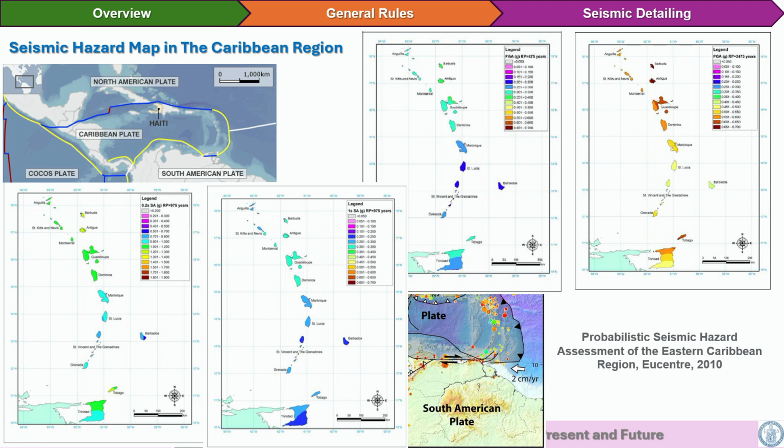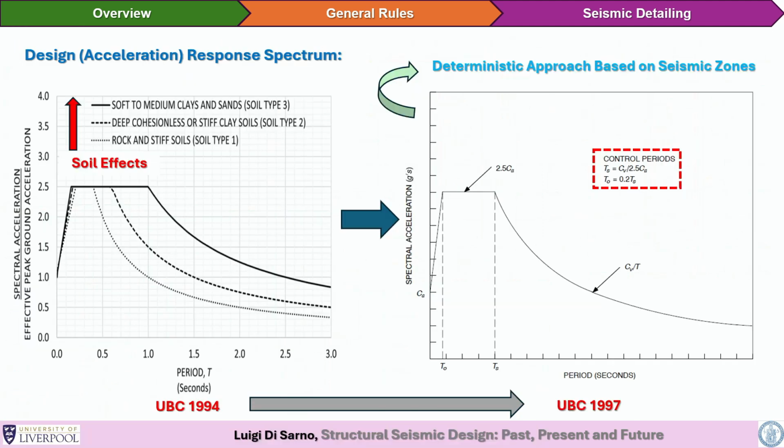So it has been based on PGA, ground acceleration, but also, more importantly, to connect with the structural code, the two values, the corner periods, 0.2 seconds and 1 second, that will allow us to use the spectral shape that is implemented in code of practice. And this has also been updated recently for the Cayman Islands.